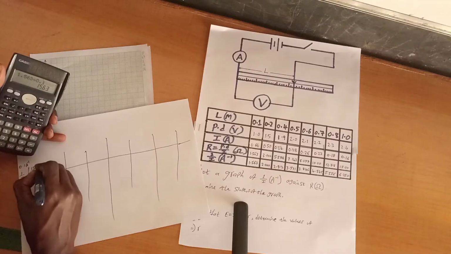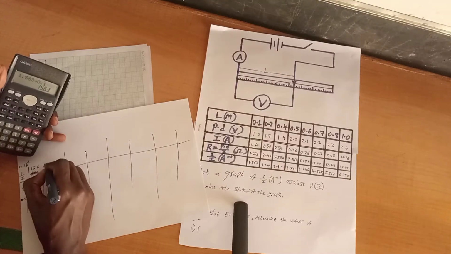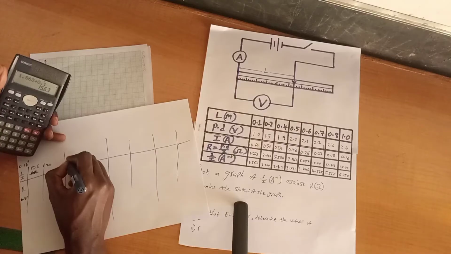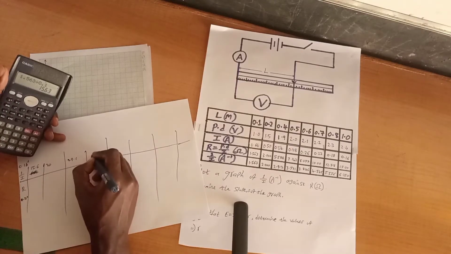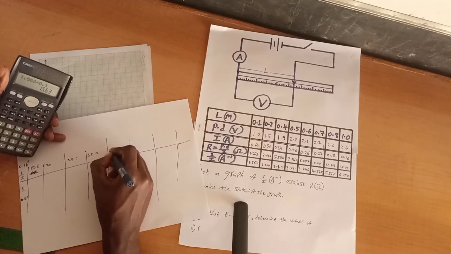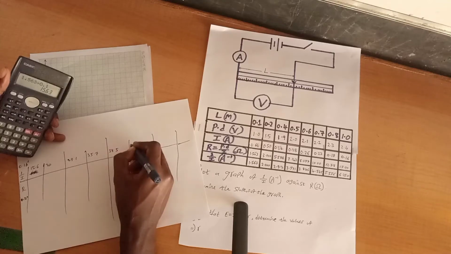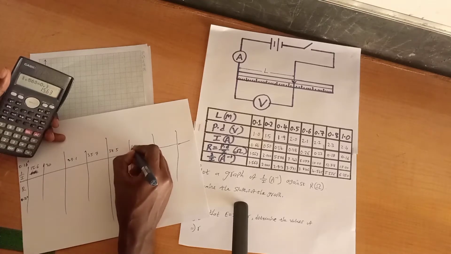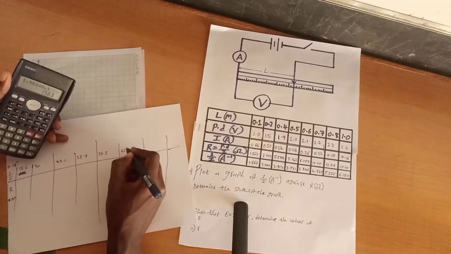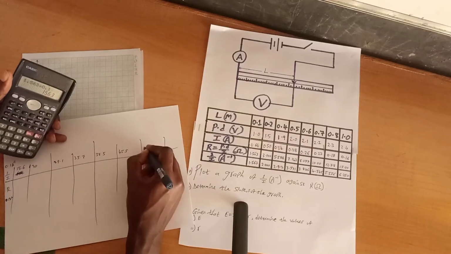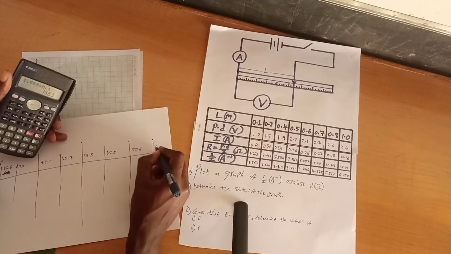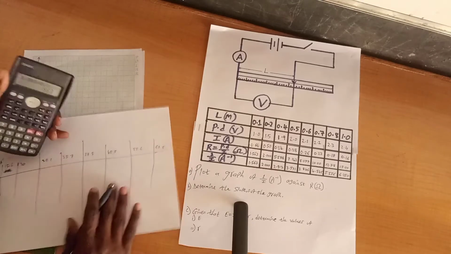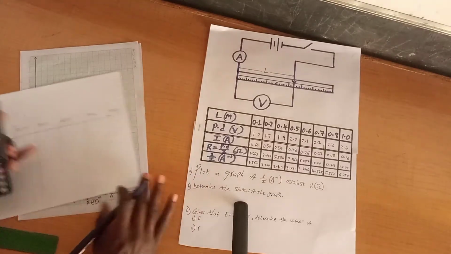Those are 15.6 squares, 20 squares, 29.1 squares, 35.7 squares, 38.5 squares, 45.5 squares, 55.6 squares, last 62.5 squares. These are the number of small squares or divisions.